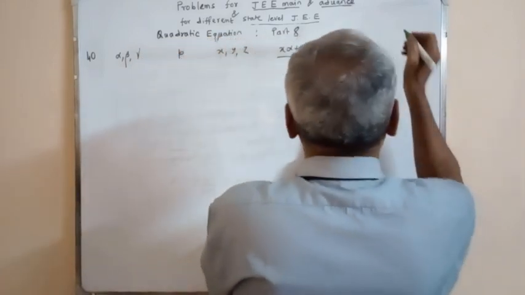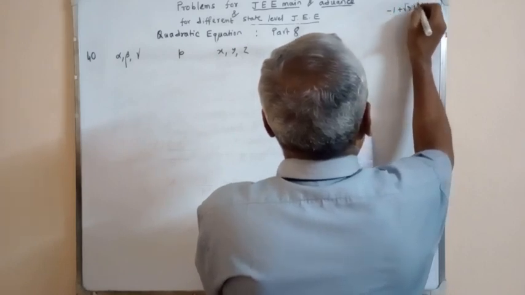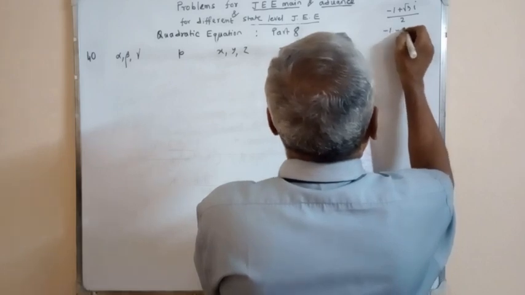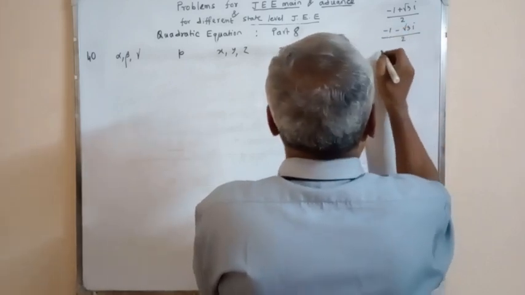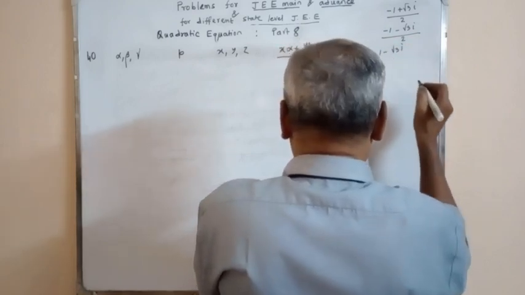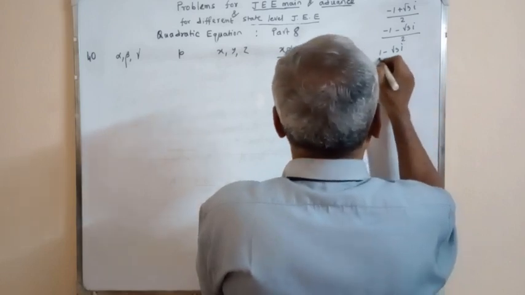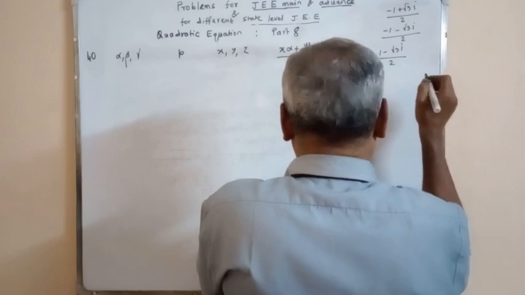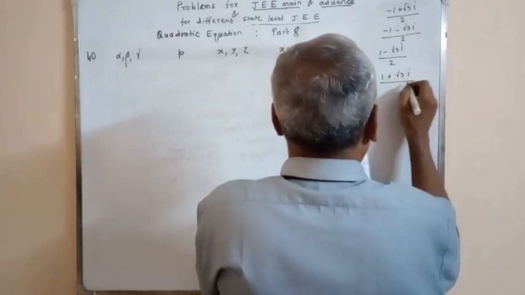Options: minus 1 plus root 3 i by 2, minus 1 minus root 3 i by 2, 1 minus root 3 i by 2, and the last option is 1 plus root 3 i by 2.